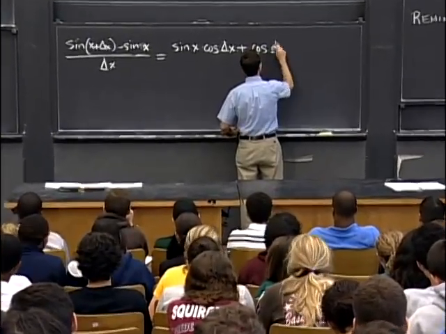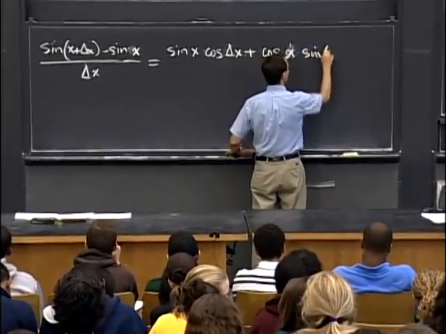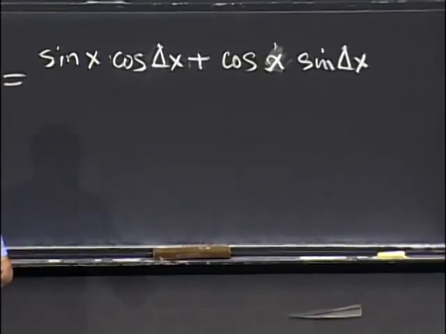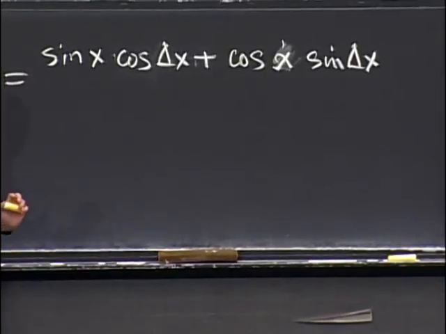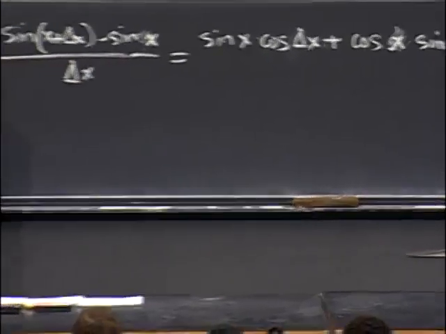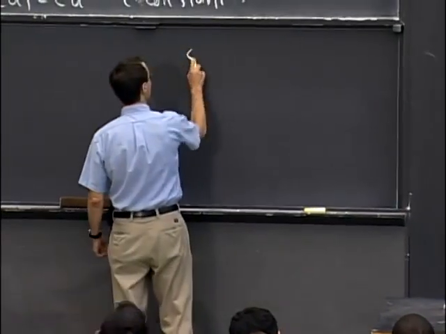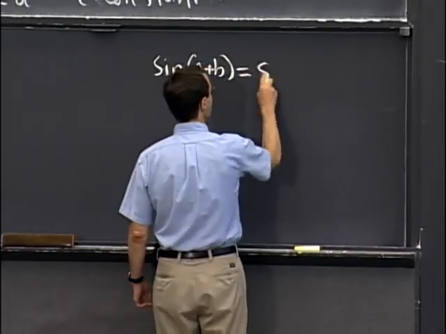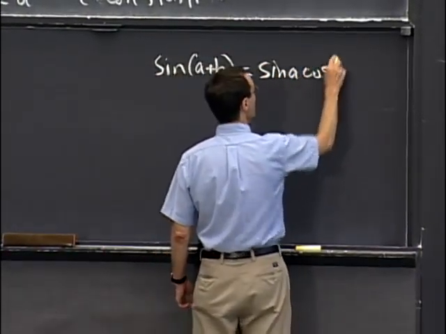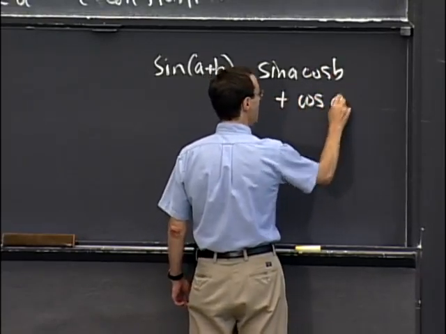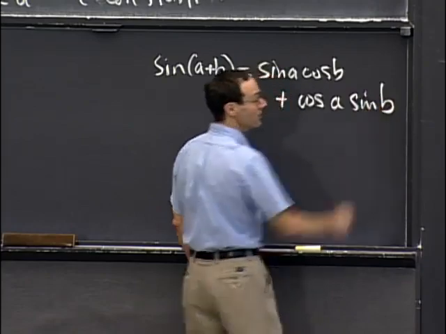No, you got to do x here, sine delta x. All right? So now, there's lots of places to get confused here. And you're going to need to make sure that you get it right, all right? So we're going to put those in parentheses here, sine a plus b is sine a cos b plus cos a sine b. All right?